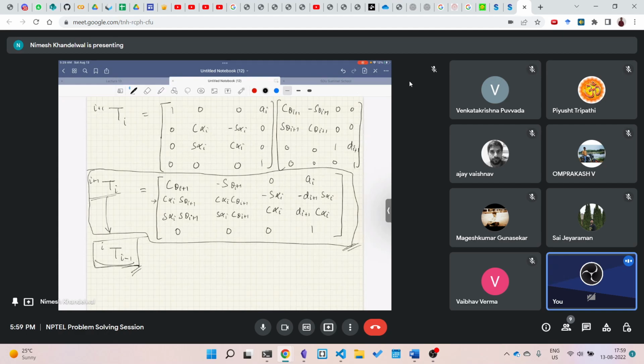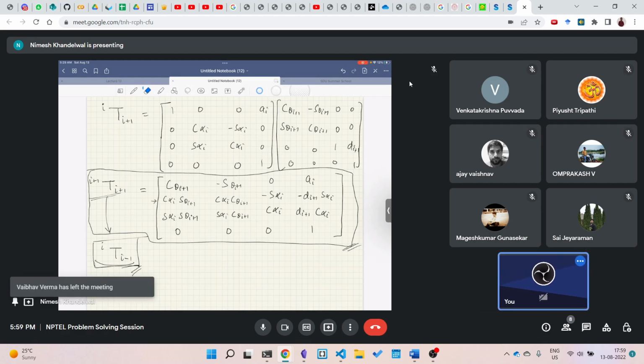I think I have made a mistake here. This transformation takes you from frame i to i plus 1, but it expresses all the quantities from frame i plus 1 in frame i. Did you get what I just said?